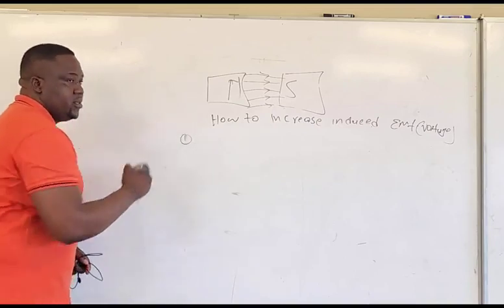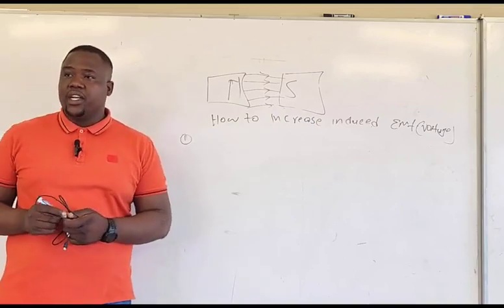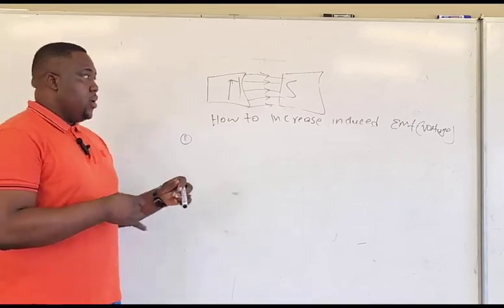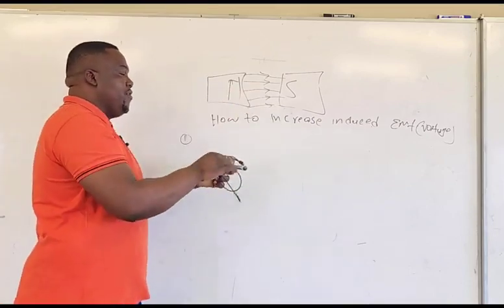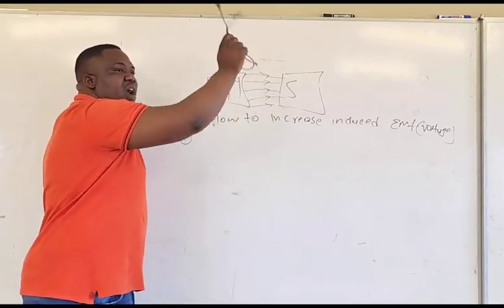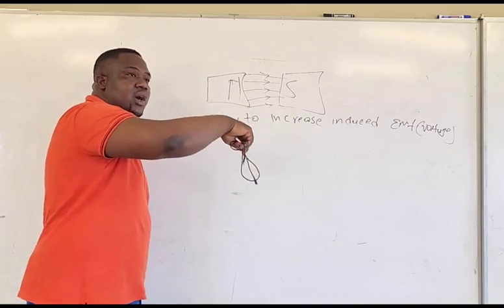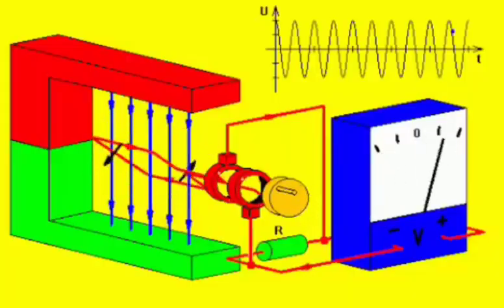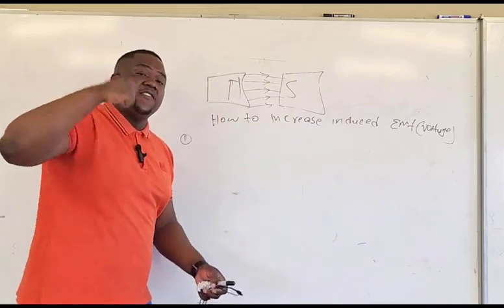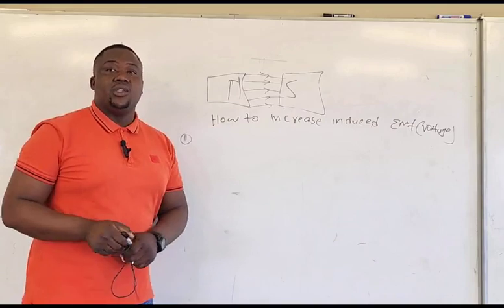Number one, remember when you move your coil between two magnets, you produce voltage. When you want to increase the voltage, you need to move your electrical conductor fast. The more you move it fast, the more electricity it produces.